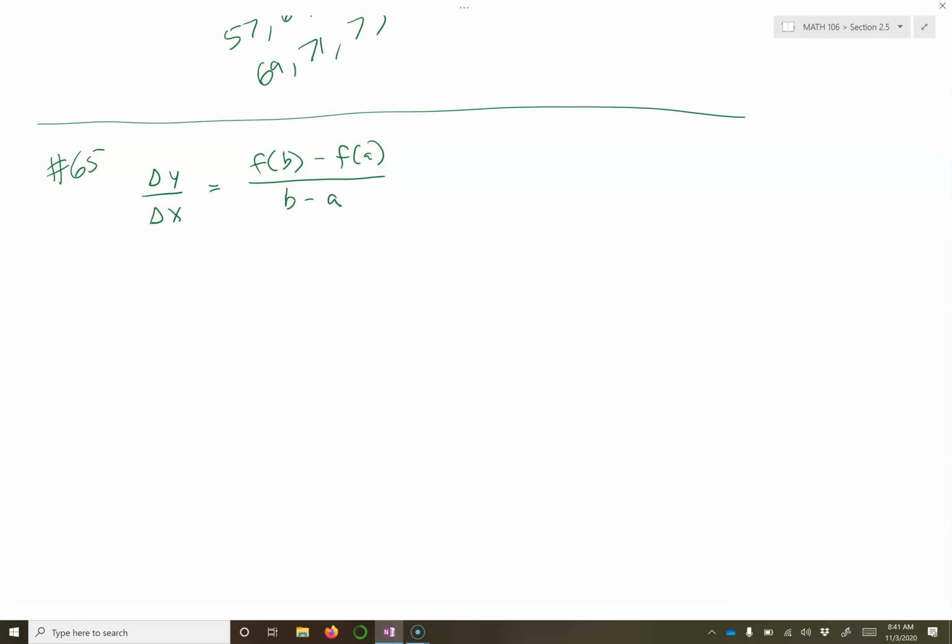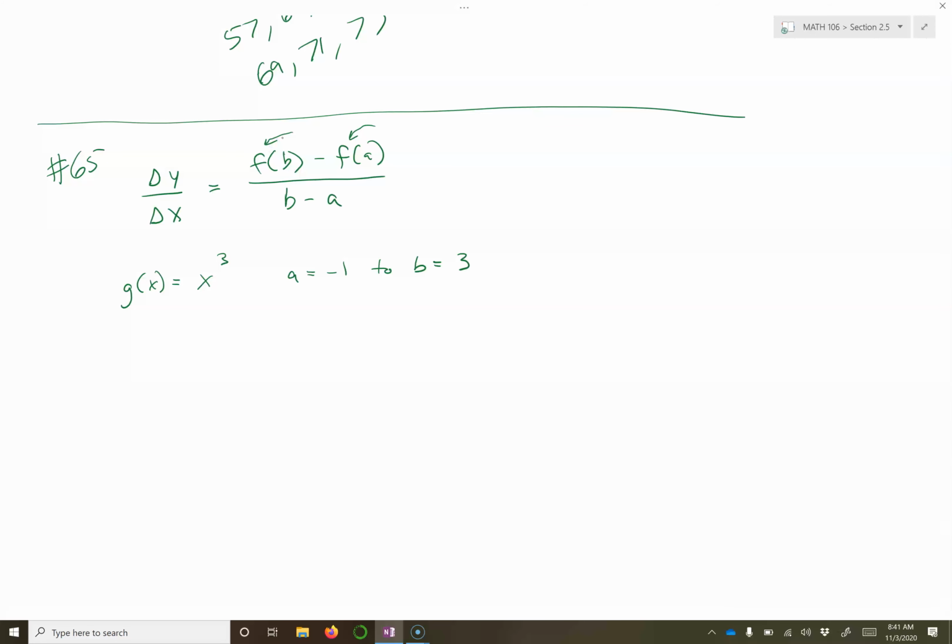Okay? So for this question 65, they say g of x is x cubed, and we're going from a equals -1 to b equals 3. Now the f's in this equation are just placeholders for any function. They could be h of x's, g of x's, like in this problem.